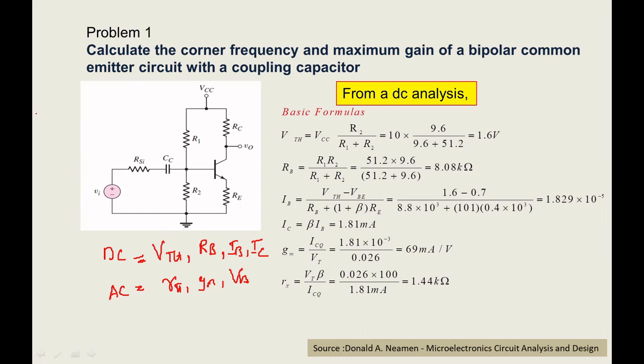So for this problem, what are the values they have taken? R1 they have taken as 51.2 kilo ohm. R2 they have taken as 9.6 kilo ohm. Beta is 100.